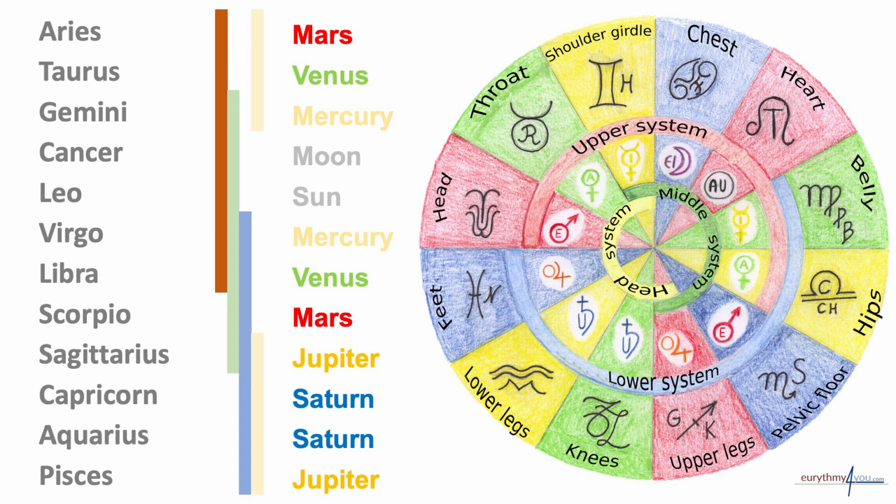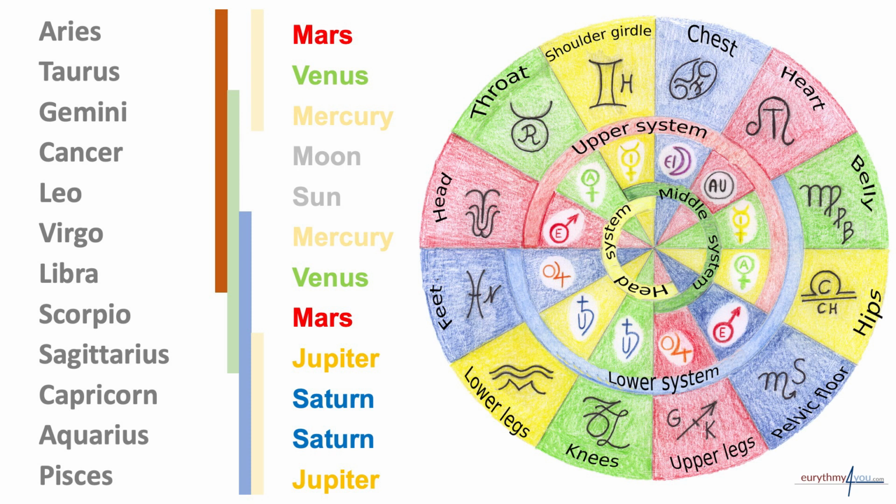Or Mercurius lives in the Gemini system, at the top, in the yellow top of the drawing, the shoulder girdle, and also in the belly in Virgo.